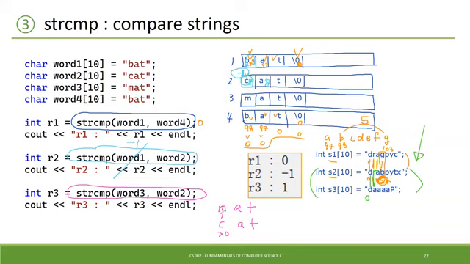M has a higher ASCII code than C. So this will be plus. Let me write down plus here. So M minus C is a plus value. Then computer will stop comparing because they are not the same and it is plus, then computer will return +1. Does it make sense? So this is a string compare result.